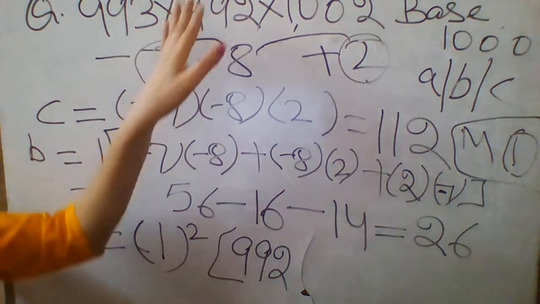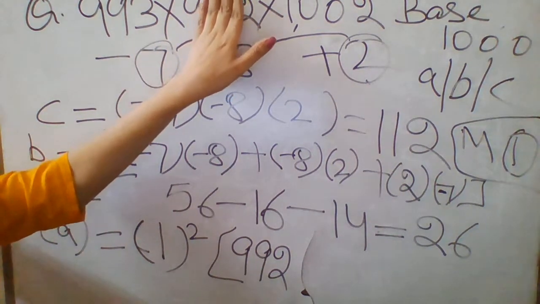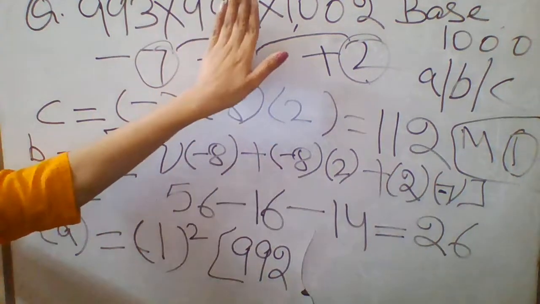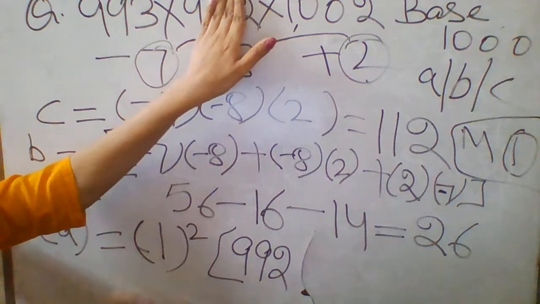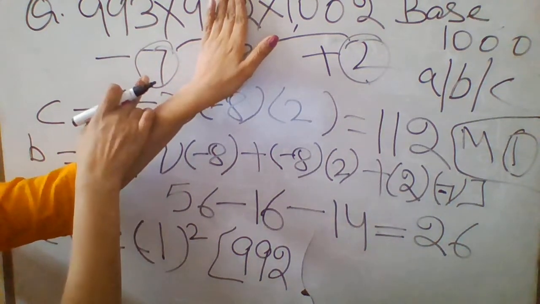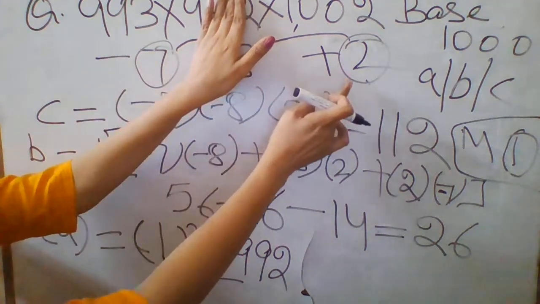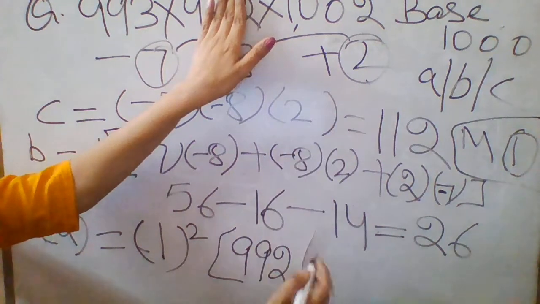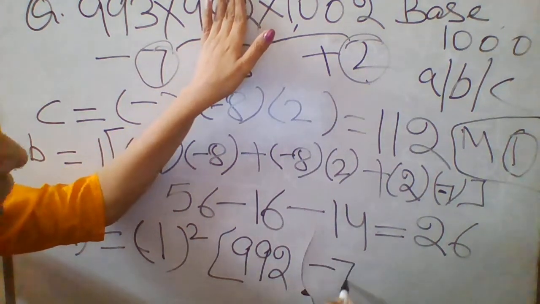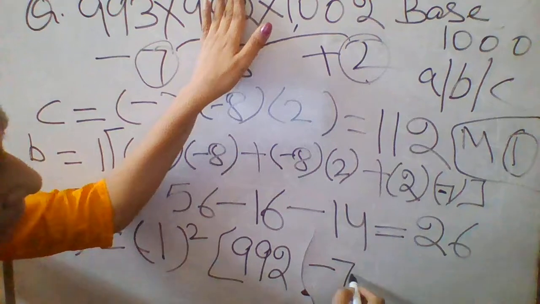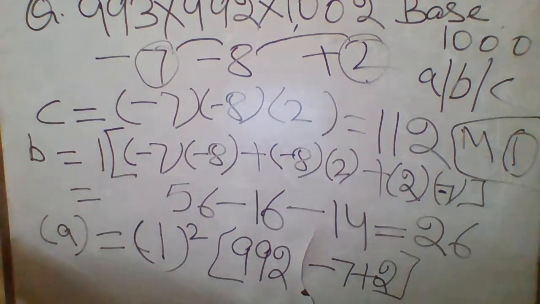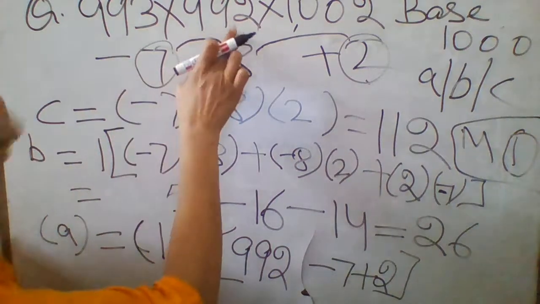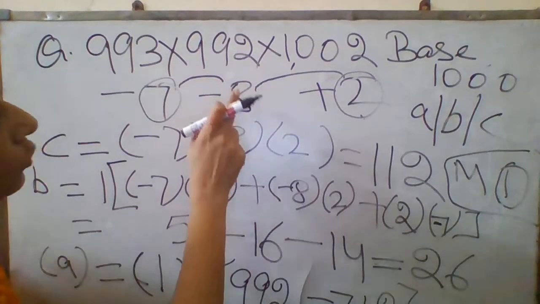So you will not write down this 8. What are the two terms which are left? This minus 7 and 2. Minus 7 I am writing here, and plus 2. Bracket close.